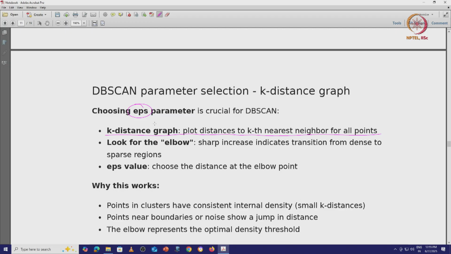So this kind of a plot may be useful, and again you can look for an elbow where there's a sharp increase which indicates a transition from a dense to a sparse region. And you should then choose that epsilon at the elbow point which will be most insightful.